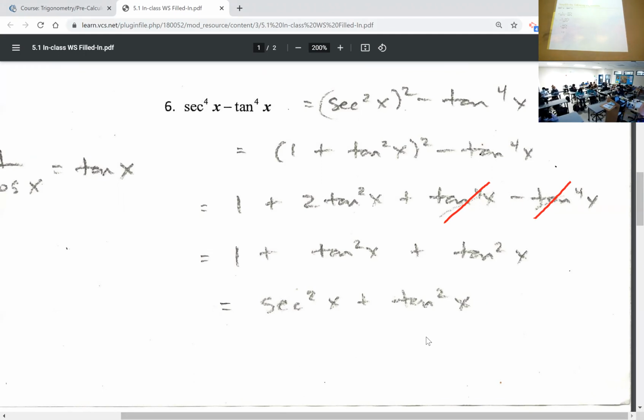Well, I'm going to expand that out to 1 plus tangent squared plus another tangent squared so that I can combine this using Pythagorean identity. So like I said, don't worry, I'm not going to have one this complicated on any test or quiz. But just showing you how these things can work, all right?